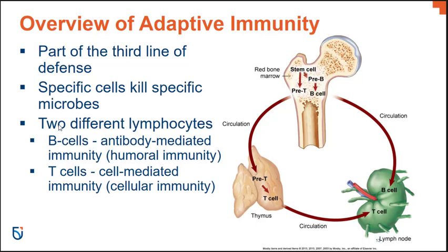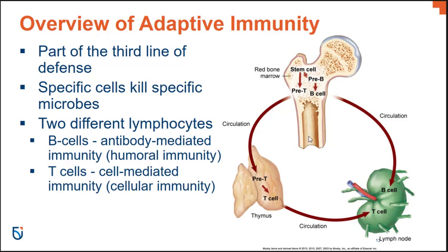The two major classes are B lymphocytes or B cells and T lymphocytes or T cells. And as we'll discuss shortly, B cell mechanisms are oftentimes classified as antibody-mediated immunity or humoral. Humoral refers to fluid. T cell mechanisms are often classified as cell-mediated immunity or cellular immunity.